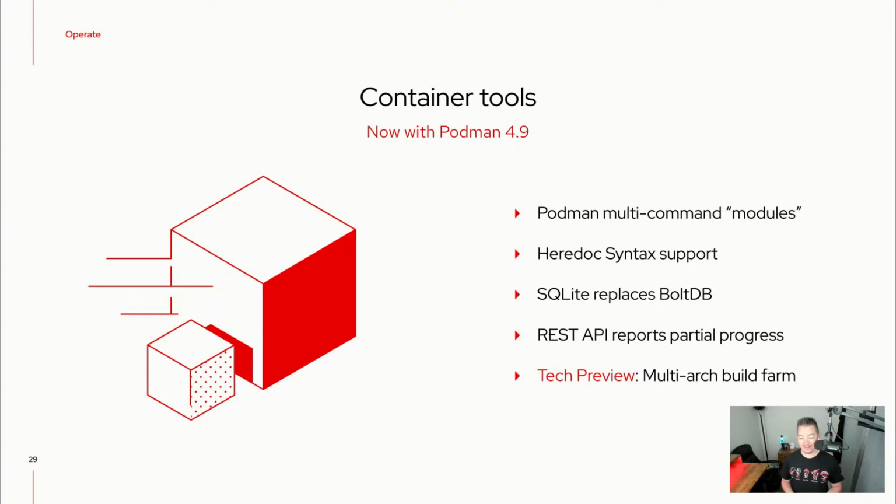That's in Tech Preview right now, hoping to see that drop into GA here before too long. Hopefully in the next release, if not the next two. But a lot going on in the Podman space. I'm definitely excited to see Podman 5 come to RHEL, whether that's in RHEL 10 or 9.5. I'm not sure yet, but Podman 5 has got some awesome features as well.